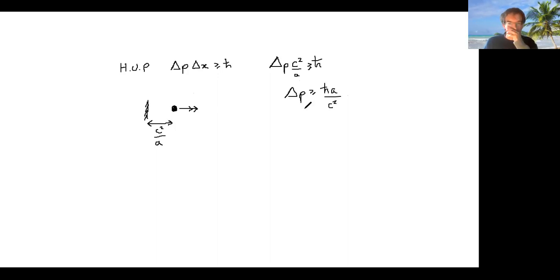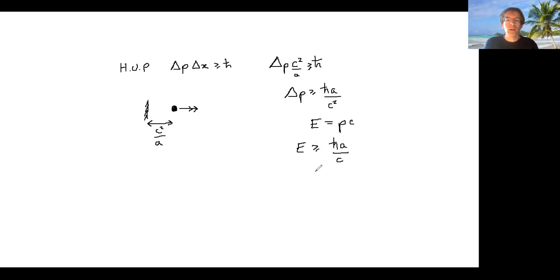So already you may be able to see the similarity to Unruh's formula appearing. Because we're talking about radiation, the energy is equal to the momentum times the speed of light. So we can rewrite this: p is E divided by the speed of light. So we get the energy is h bar a over c, because the c's cancel.